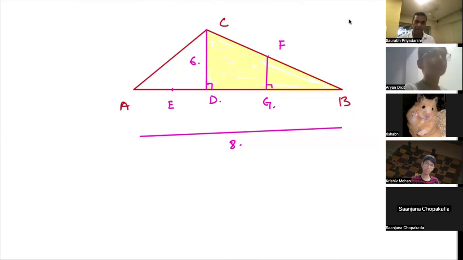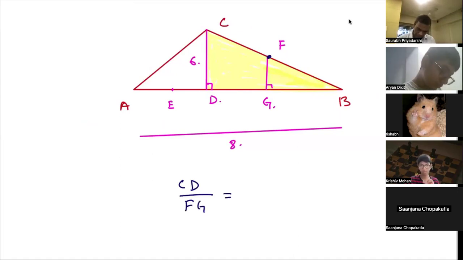In this triangle, if this is 6, and this is the midpoint. So can I say CD upon FG is equal to BC upon BF?